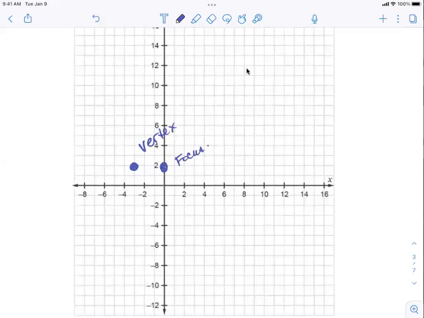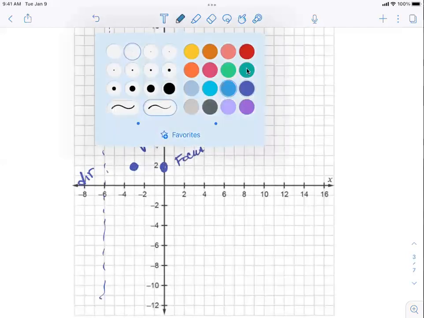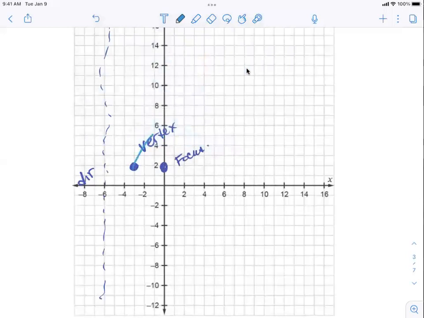And the directrix is x equals -6. And that should be a straight line, even though mine is very wavy. And then your parabola passes through the vertex, goes up and to the right, and down and to the right. There we go, there's your graph.